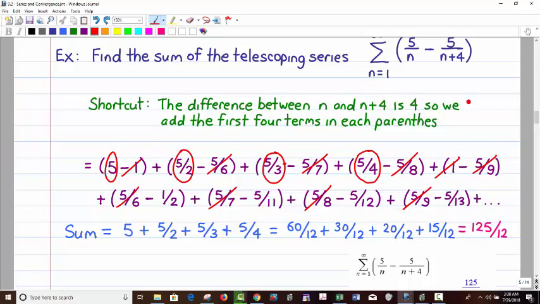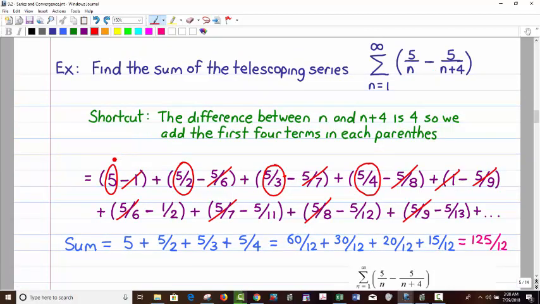All I had to do is establish what was the first term in the first 4 sets of parentheses, because of that difference of 4 right there. So really all you're doing is evaluating this term right here for n equals 1, 2, 3, and 4, and adding them up. So that's pretty quick and convenient.